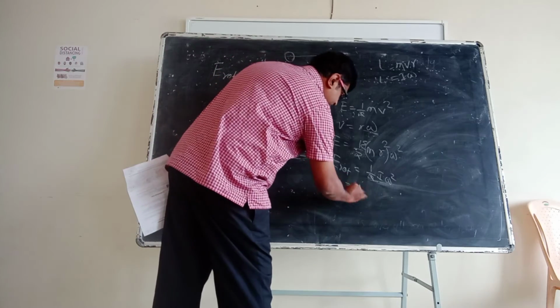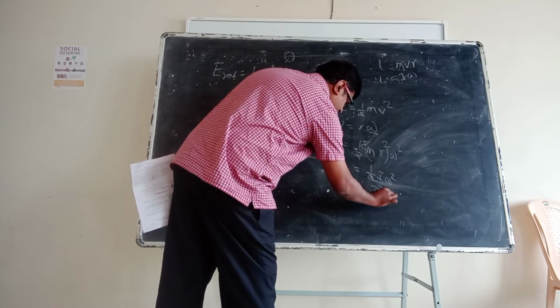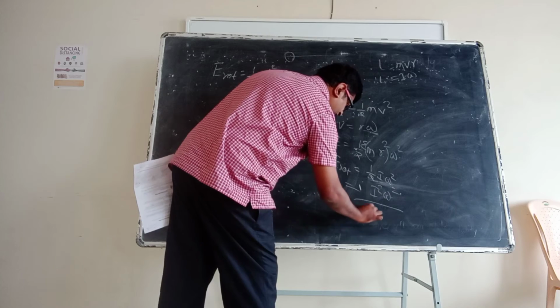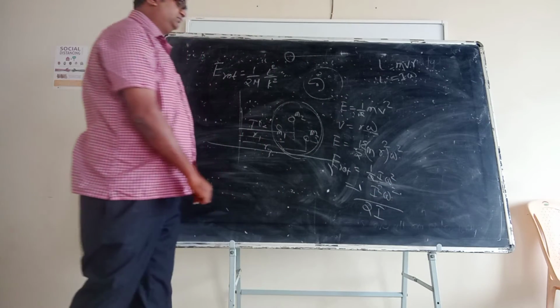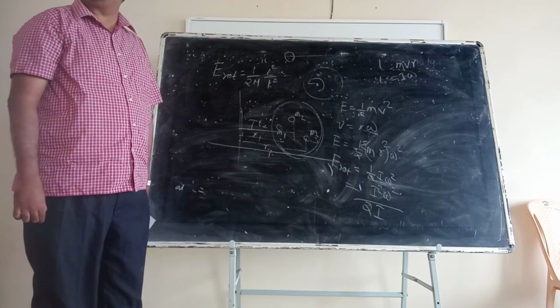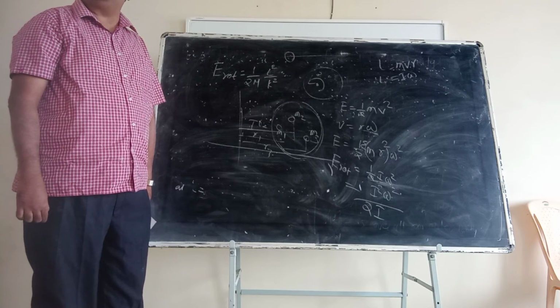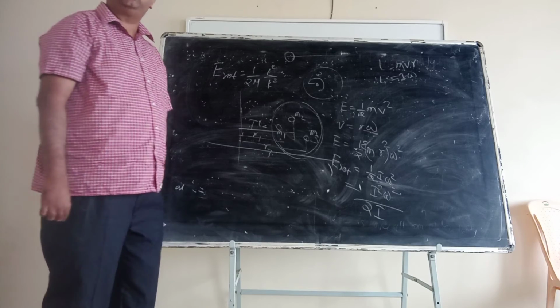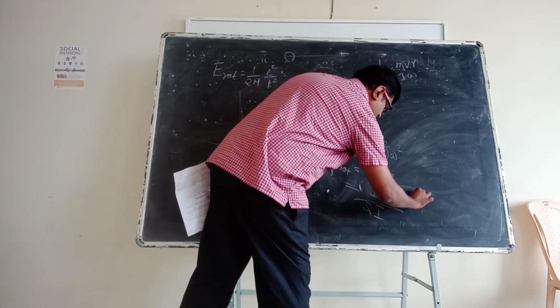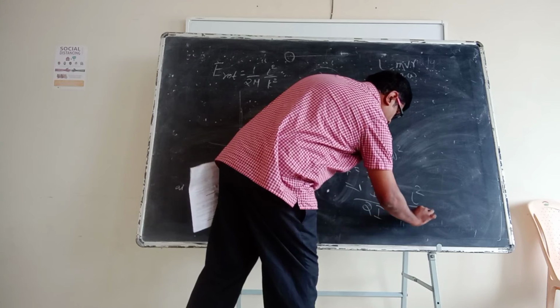So I will get I square omega square divided by 2I. Okay? I get I square omega square by 2I. What is I square omega square? L square. L square divided by 2I.